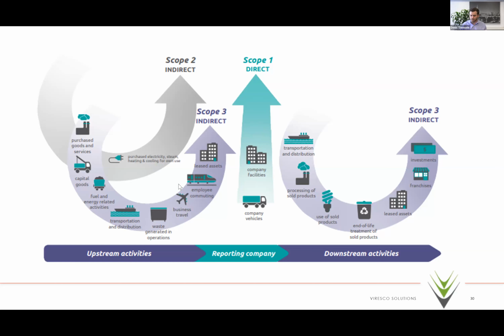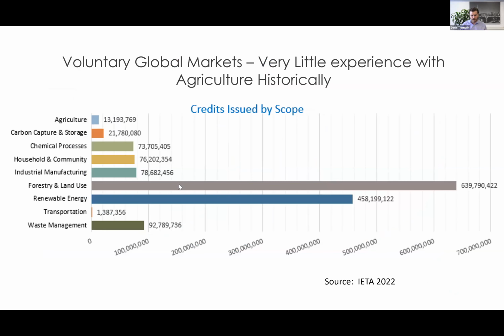But I think it also provides opportunities, because historically the focus around carbon and agriculture has been on this idea of carbon offsets, developing credits and selling them into an offset system. And really what's happened since is that agriculture credits haven't been part of the big story when it comes to offsets.